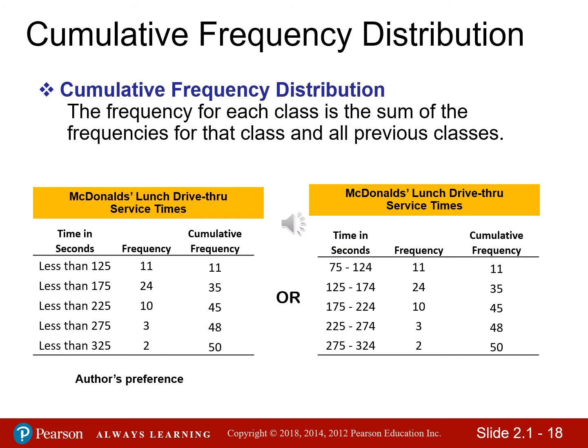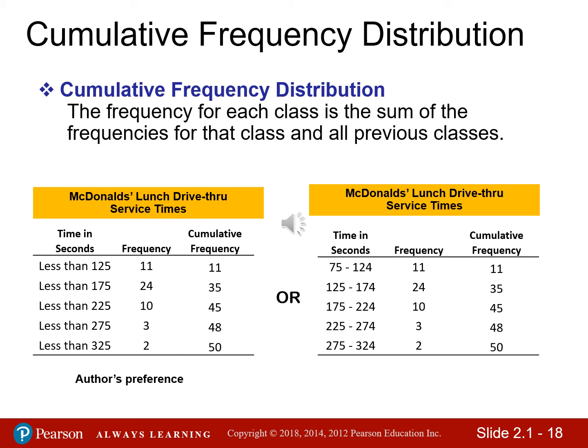A cumulative frequency distribution is another type of frequency distribution. Technically, a cumulative frequency distribution is the sum of one class and all of the classes previous to that class in the frequency distribution. All that means is you're adding up a value and all of the values that came before it.